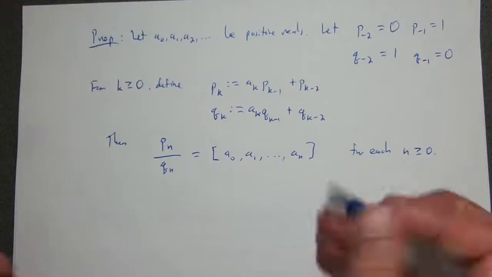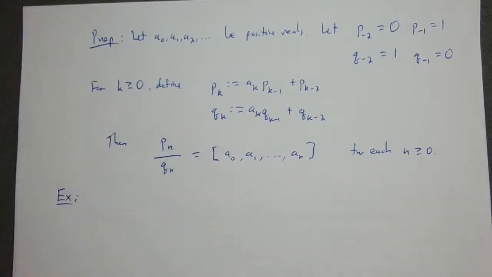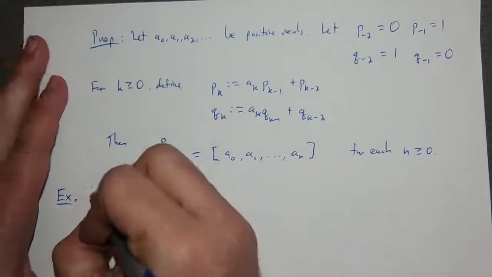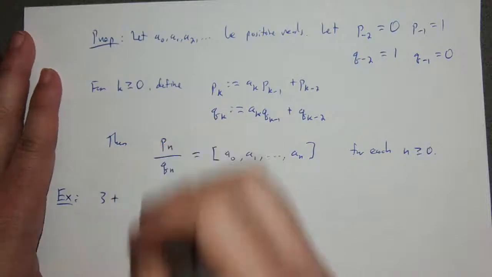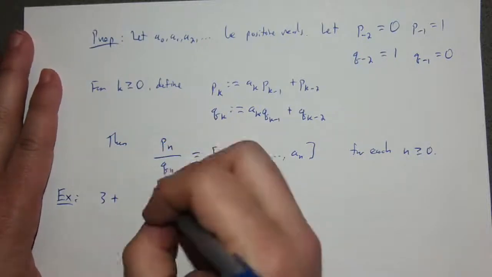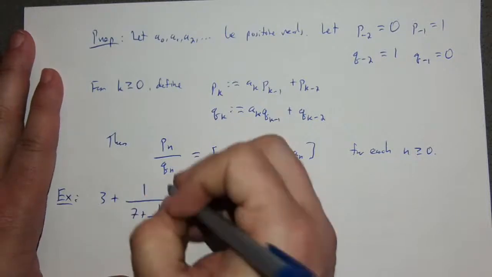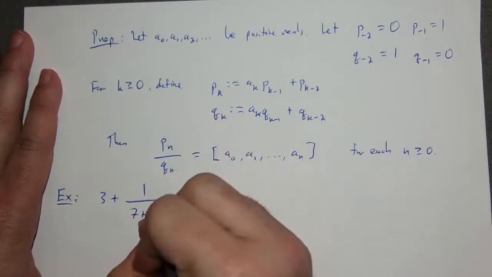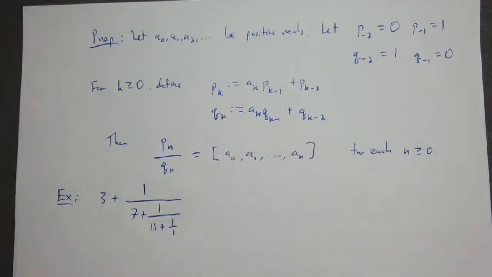So let's do this for the example that we did before with pi. So this is 3 plus 1 over 7 plus 1 over 15 plus 1 over 1, right?